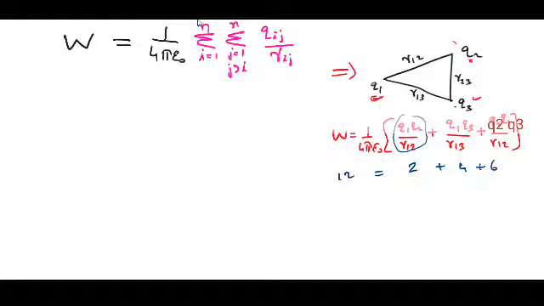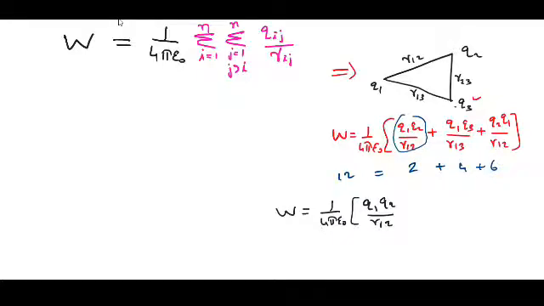Then the same result I can obtain in another way. That is, I will write this work done in this way, 1 by 4 pi epsilon 0. That is a nicer way to write this work done, but without taking any care. If you have the charge Q1 and Q2, then you write first Q1 Q2 divided by R12 plus, that is, we have completed these two.